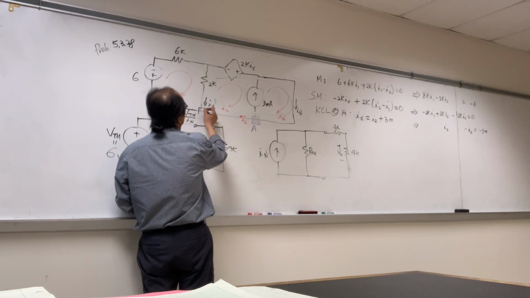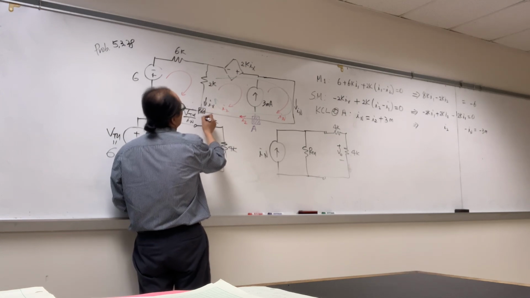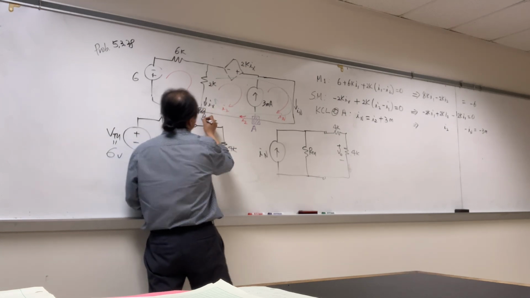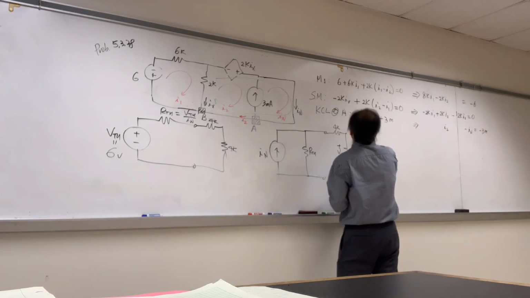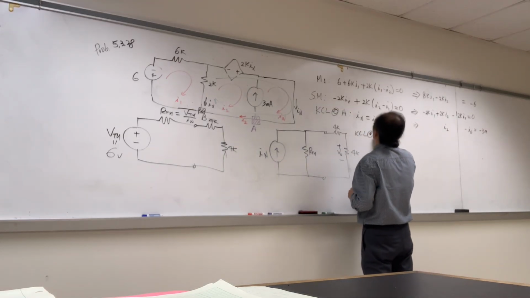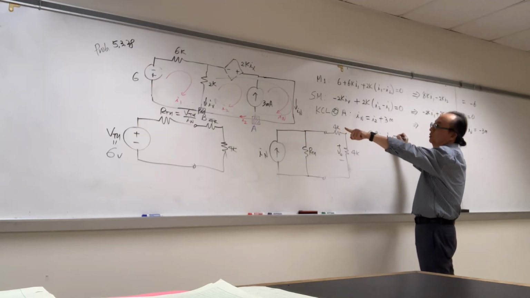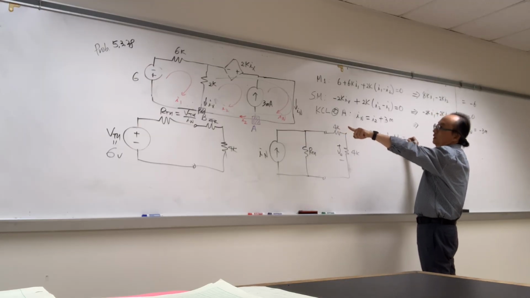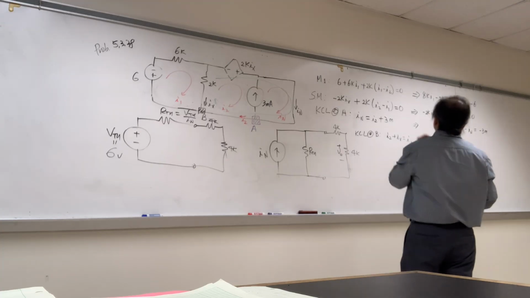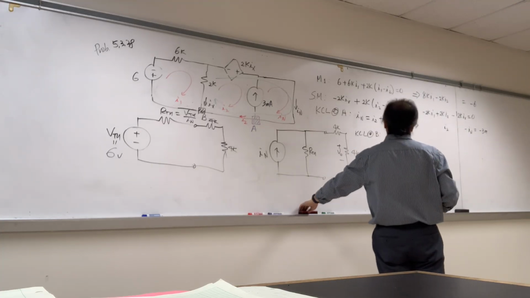So we need to have one more here. So that's B. When we do KCL at B, entering I sub 2 plus I sub x equals I sub 1.